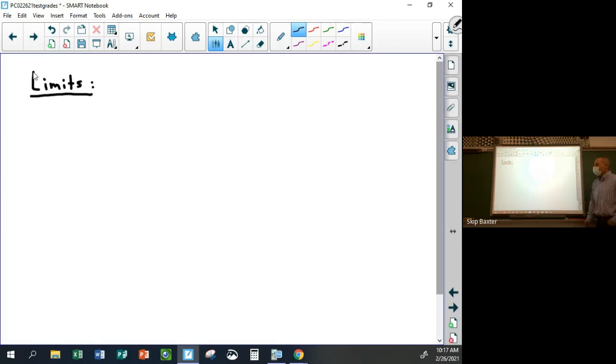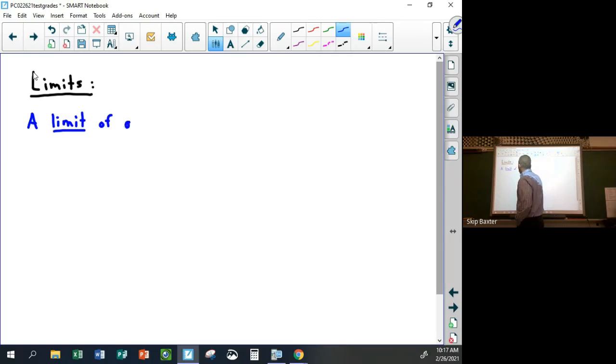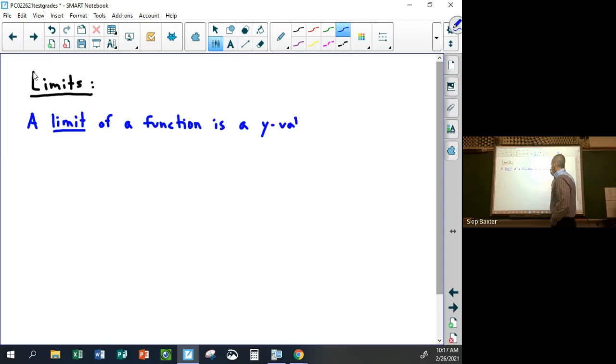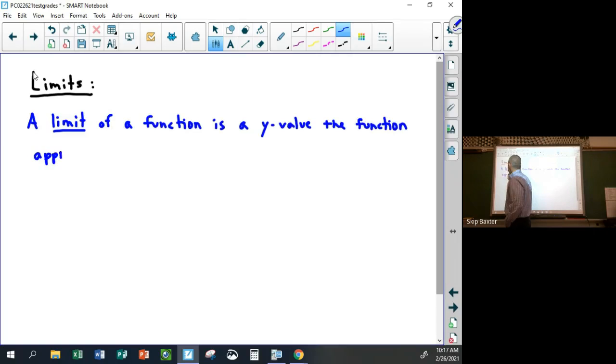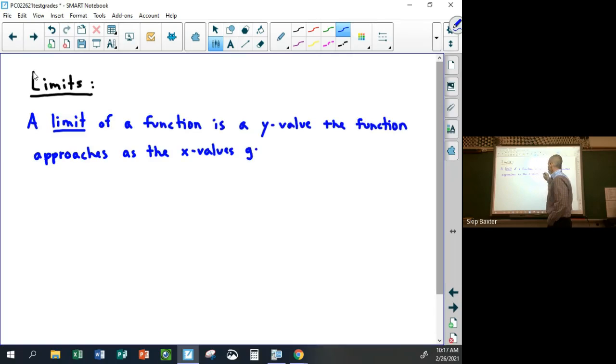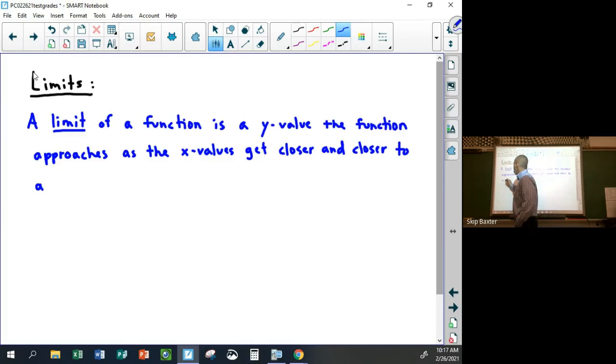Okay. So what a limit is: a limit of a function is a y value the function approaches as x values get closer and closer to a particular x value.